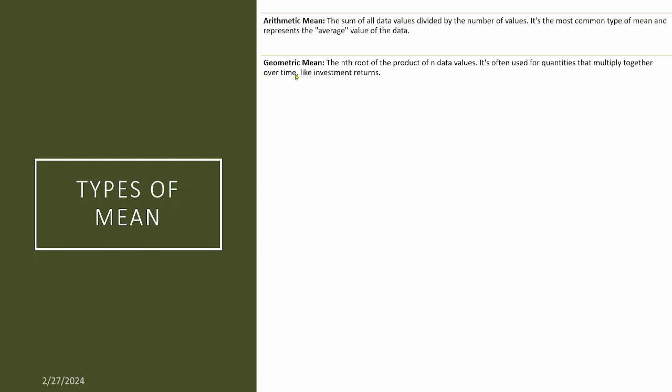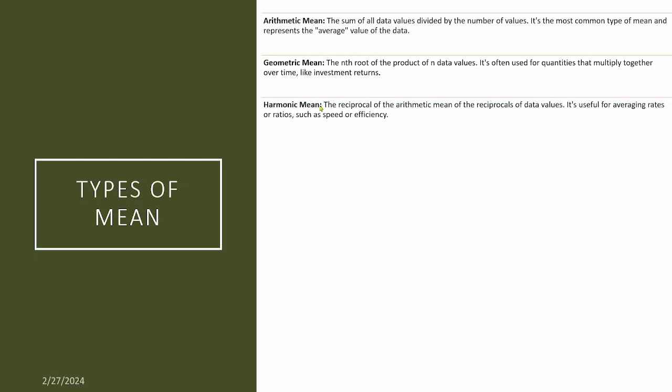Especially it is useful for data which is multiplicative or exponential in nature. For example, compounded value or exponential attributes like birth rate, population growth, and the study of bacteria and other organisms, which grow exponentially. In that case, arithmetic mean is not suitable. We have to use another measure, a variation of mean called geometric mean.